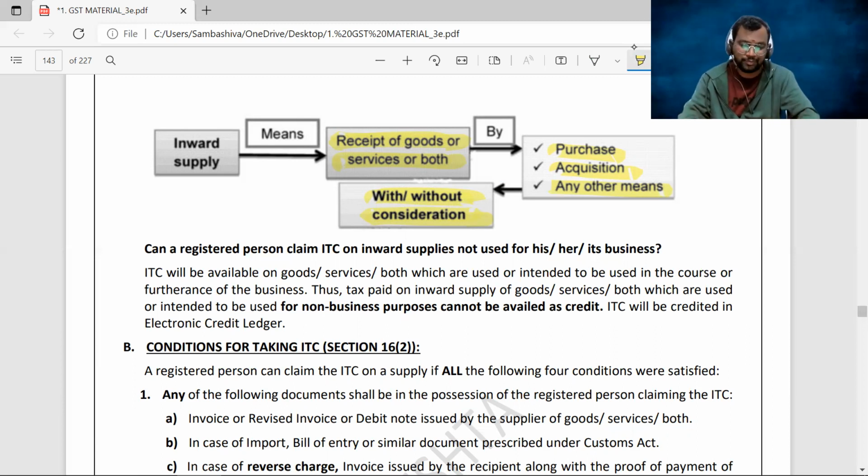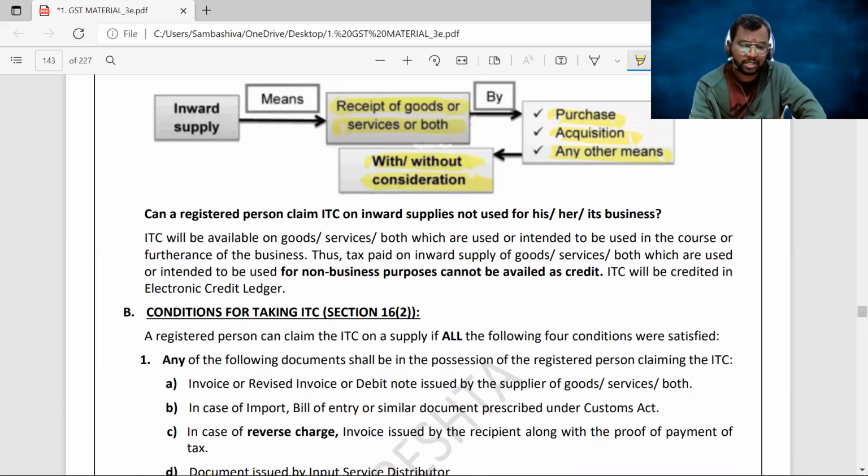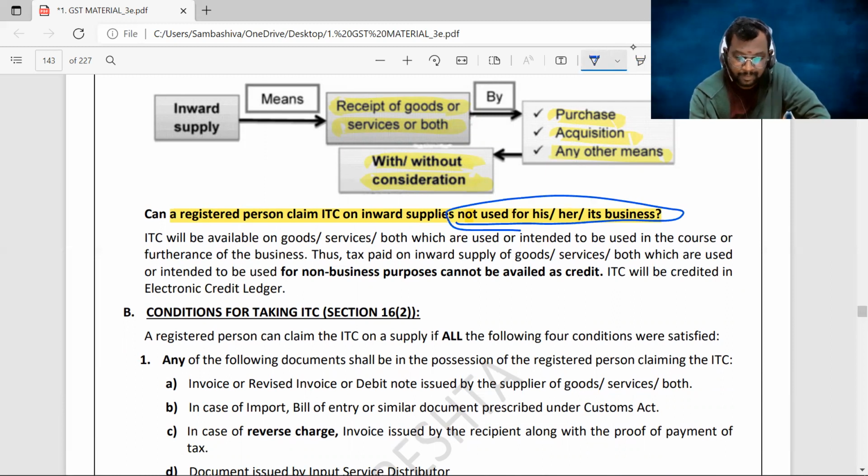Next. Can a registered person claim input tax credit on inward supplies not used for his or her or its business? We already learned that only input goods which are used or intended to be used in the course or furtherance of business, only such input taxes paid are eligible for credit.